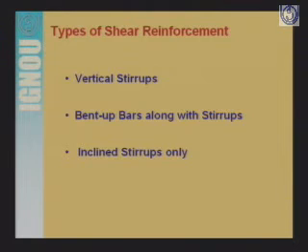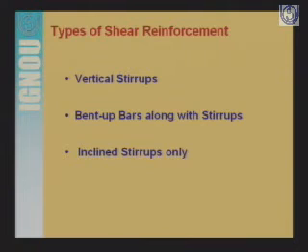First is vertical stirrups, second is bent up bars along with the stirrups, meaning stirrups are also provided, and some of the bars of the main reinforcement, that is tensile reinforcement, are bent up to take care of the shearing stresses also.